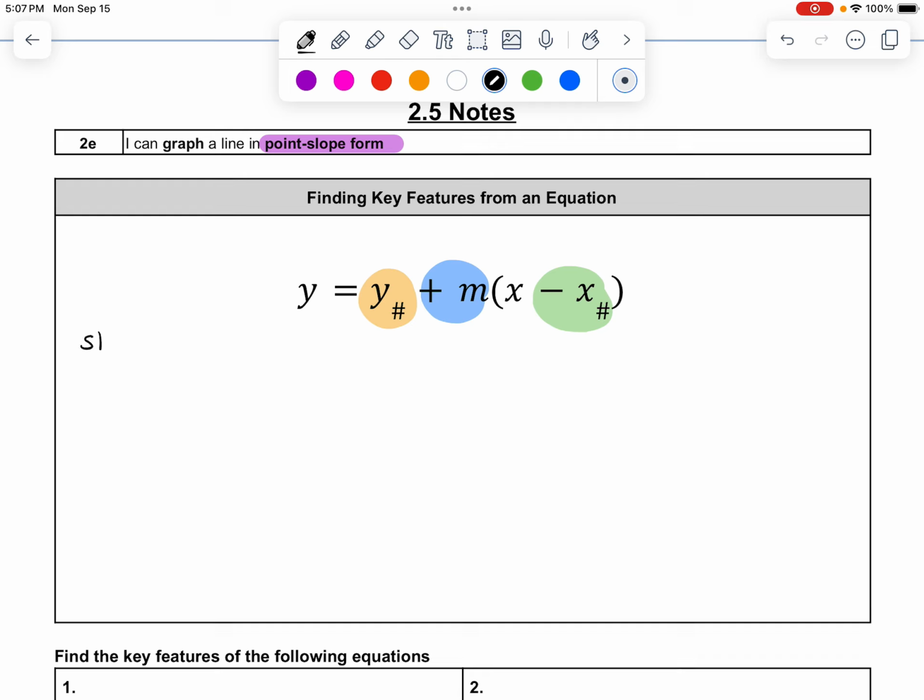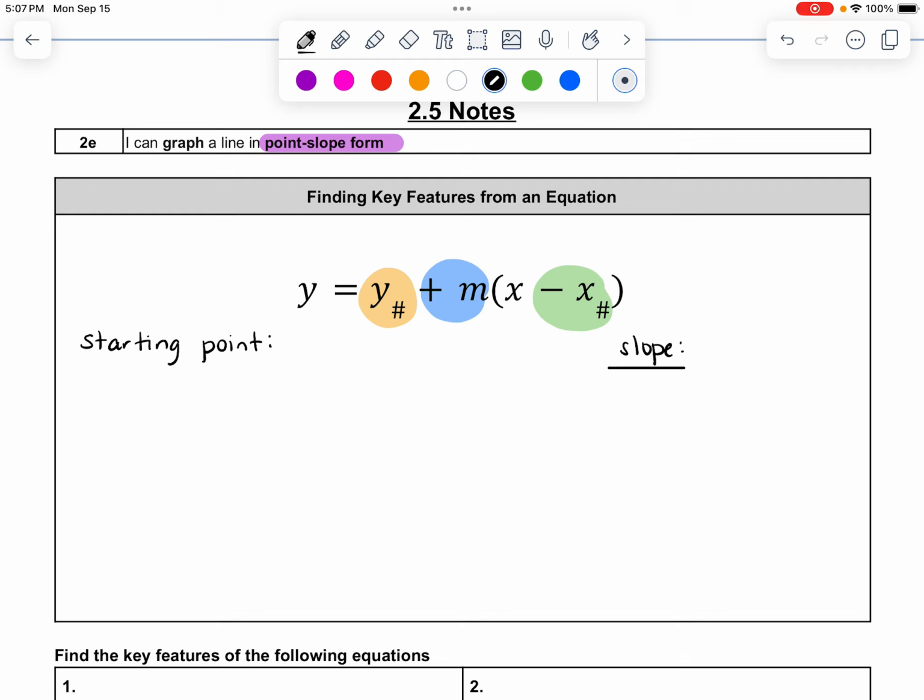The first key feature is the starting point. And the second key feature is the slope. Now let's start by talking about the slope. Just like in our equation y equals mx plus b, m is the slope.